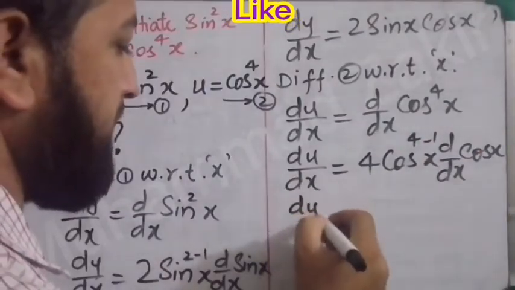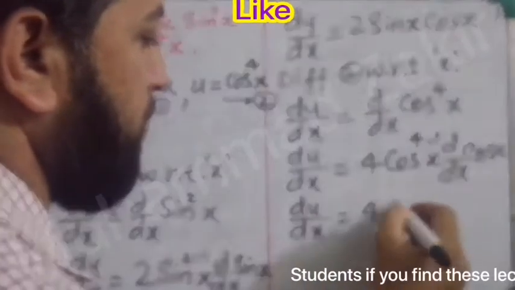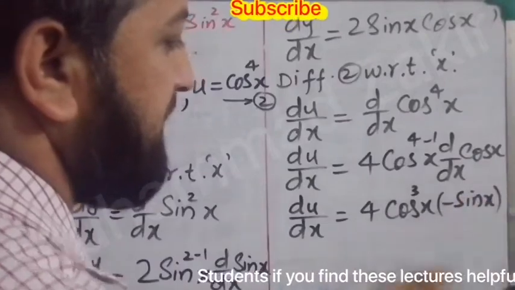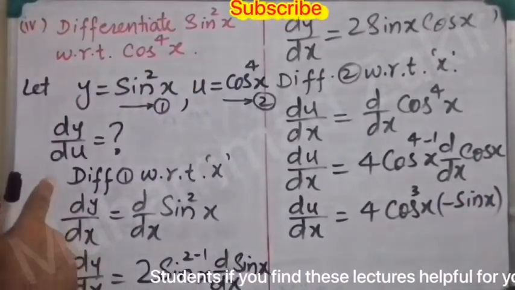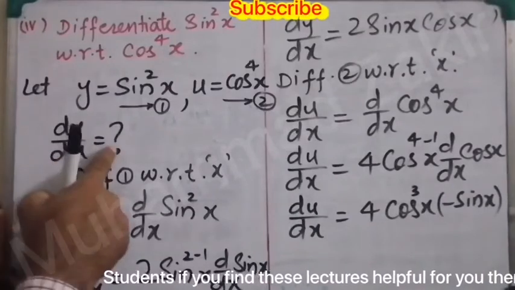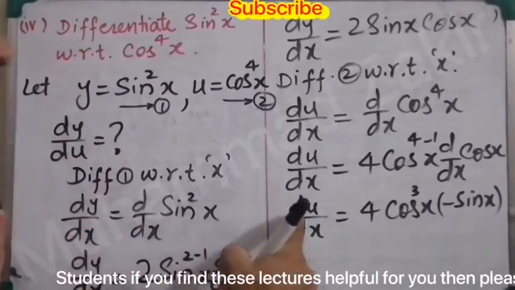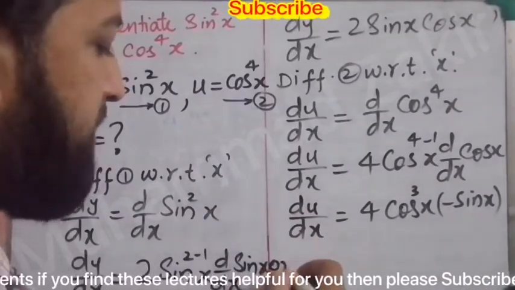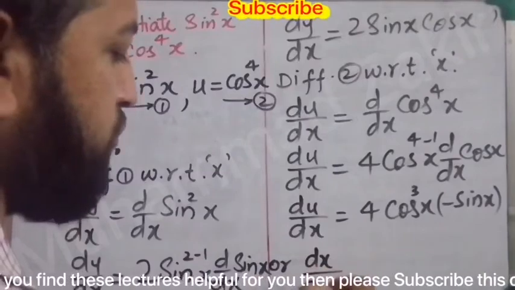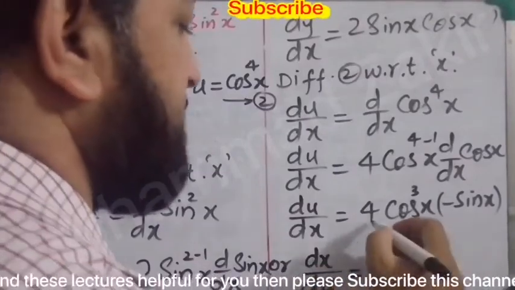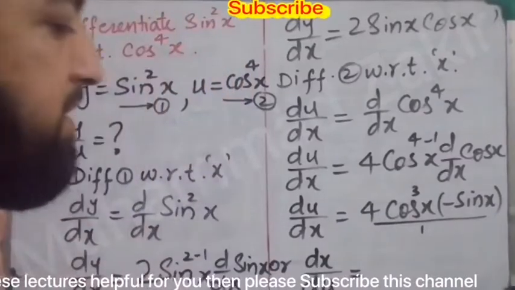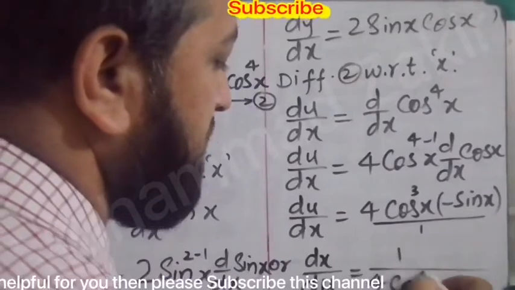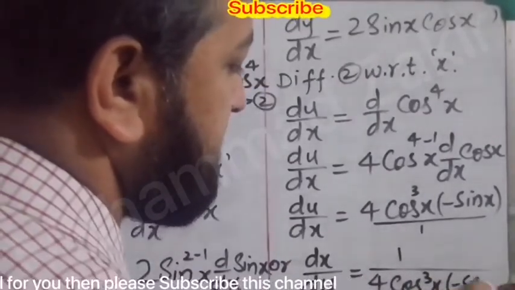So du by dx is equal to 4 cos cube x, times the derivative of cos, which is minus sin x. Now du is required in the denominator. To make this appear in the denominator, we invert this, so dx by du is equal to 1 divided by this entire value. When we invert it, it will be 1 by 4 cos cube x minus sin x.